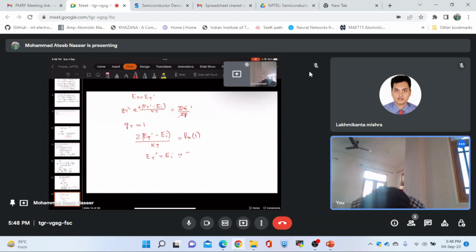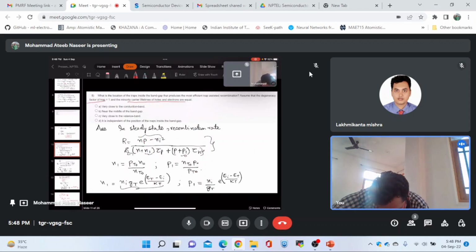So this is equal to Eg by 2. This means we have been able to find the solution. It's middle of band gap. So this says that this maximum efficient trap assisted recombination will happen near the middle of the band gap. So the option B is the correct option.